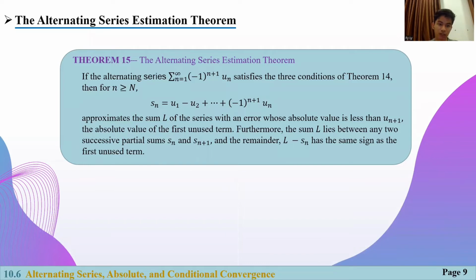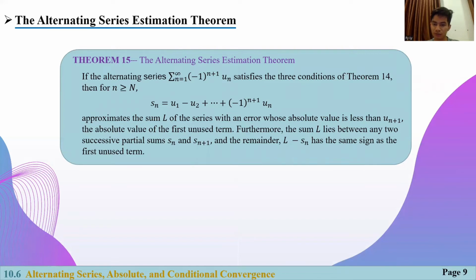This approximates the sum L of the series with an error whose absolute value is less than u sub n plus 1, the absolute value of the first unused term.